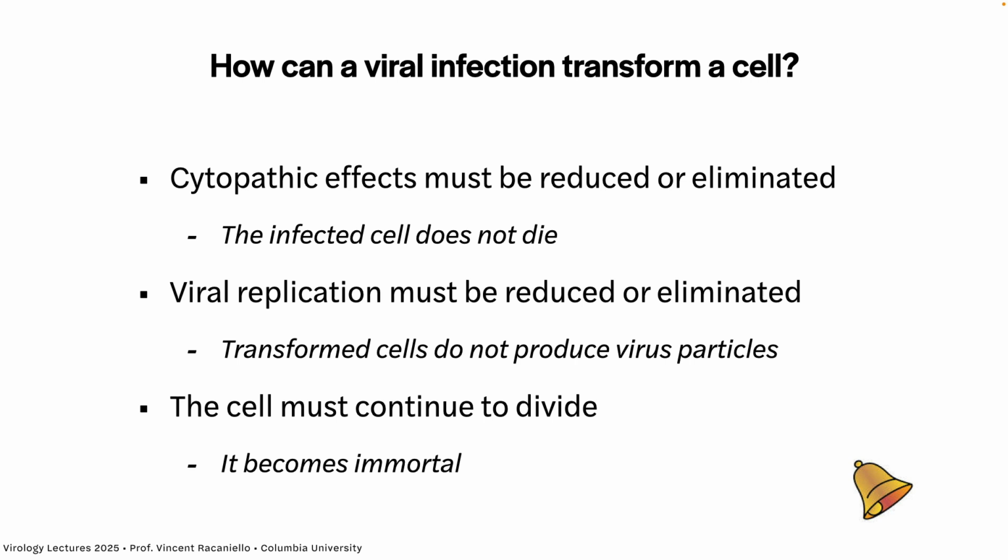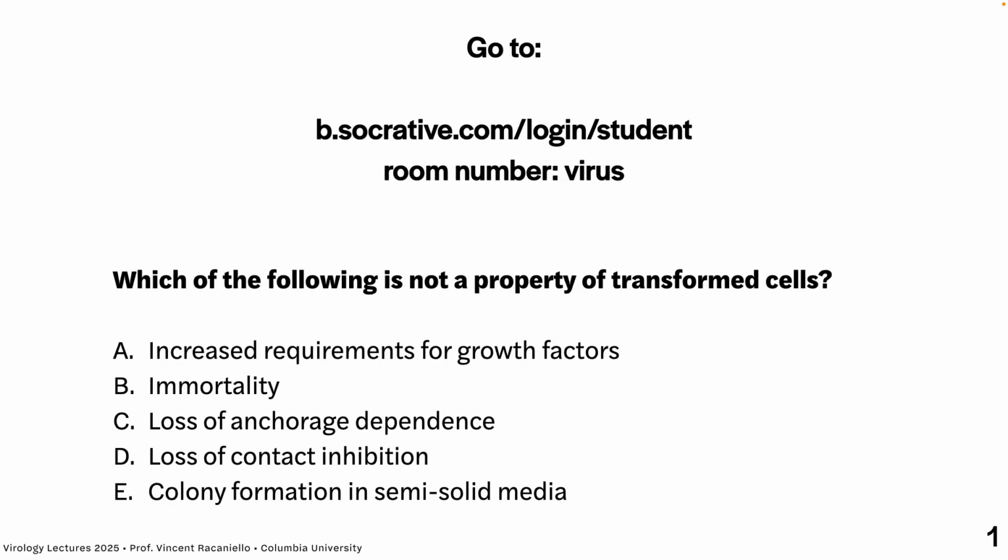And third, the cell has to continue to divide. It becomes immortal. Does this ring a bell? It's a certain kind of persistent infection, right? The genome goes in, stops producing virus particles, yet something's happened to the cells to make them live forever. And we have RNA and DNA viruses, and we are going to talk about those separately and how it's working.